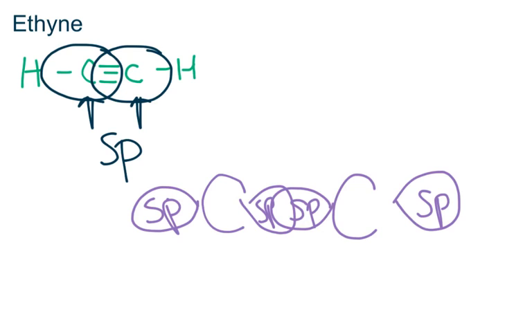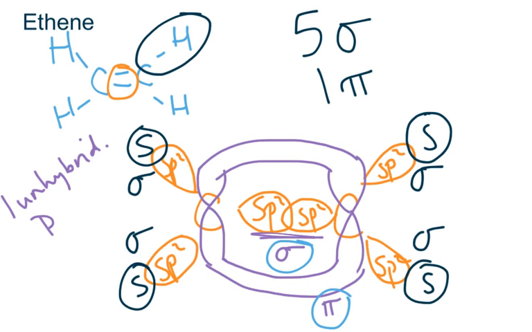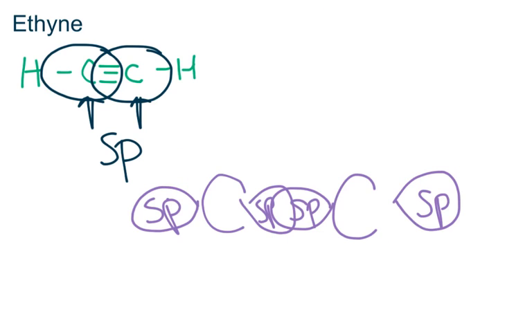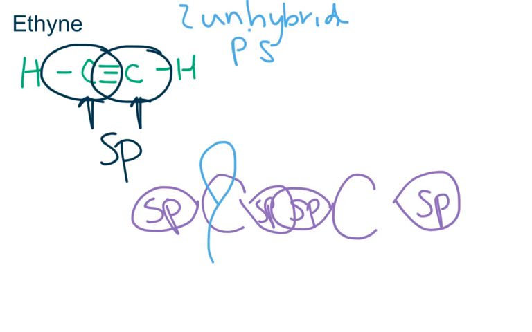Now, just like with double bonds, when we had an sp2 hybridized carbon in ethene, we had one unhybridized p orbital, because we only used two of them in the hybridization. With this one, we have two unhybridized p orbitals on each carbon atom. There's one. I'm going to draw the other one in a different color. It's like a three-dimensional thing.